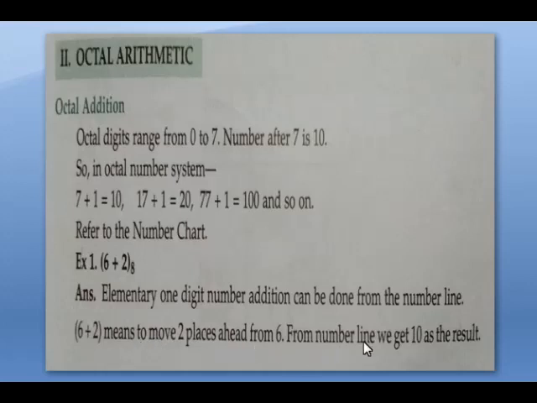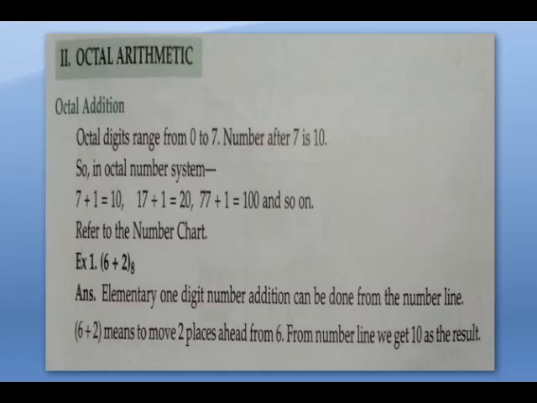From the number line we get 10 as the result. That is, 6 plus 2 means 8, and 8 means 7 plus 1. 7 plus 1 is 10. So 6 plus 2 means 10 in the octal arithmetic.